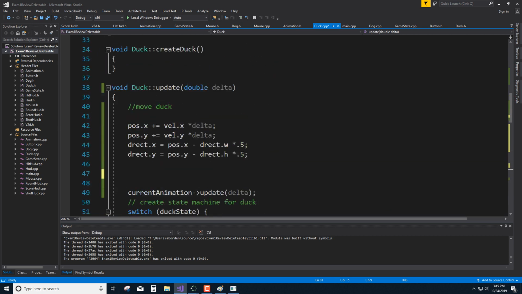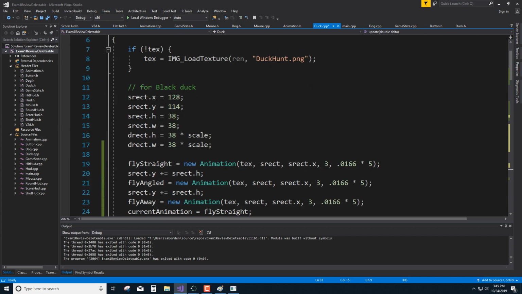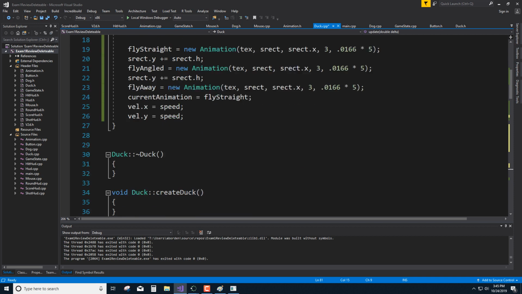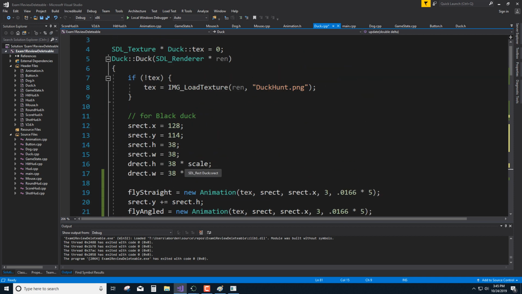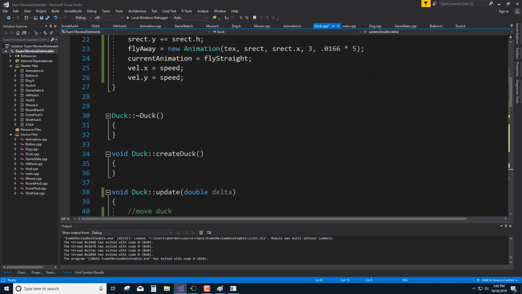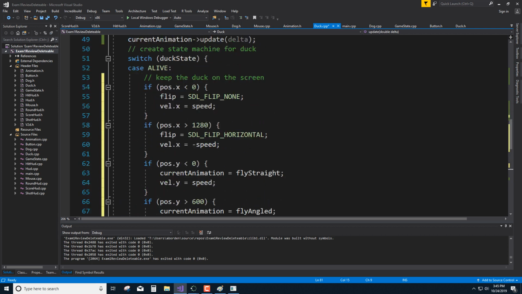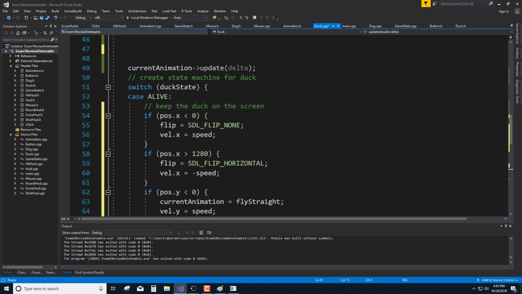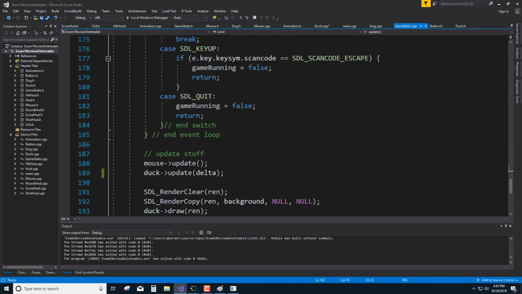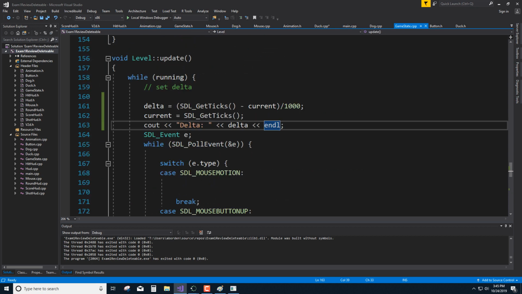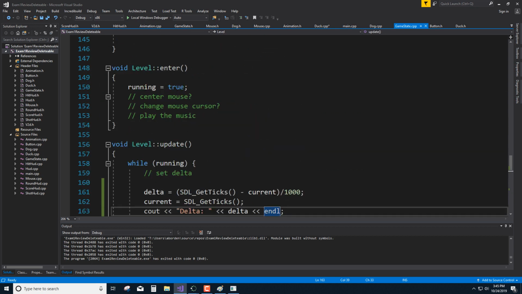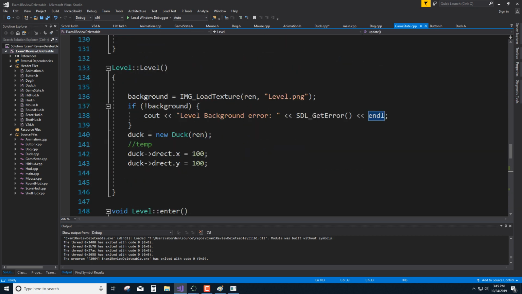But if we wanted to see this, we would just set our duck. Where do we set the position of the duck? Is that back in the level game state? Yeah, in the level constructor, that's where we create the duck.